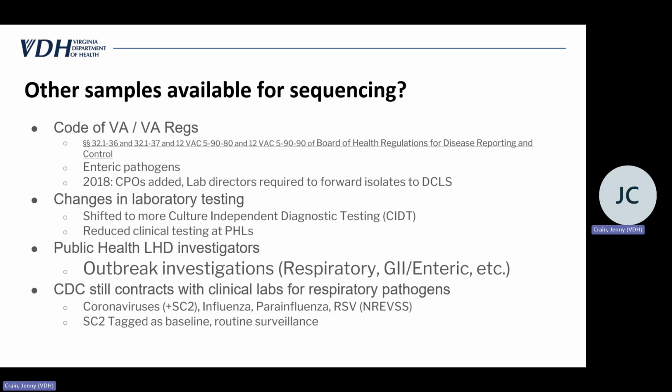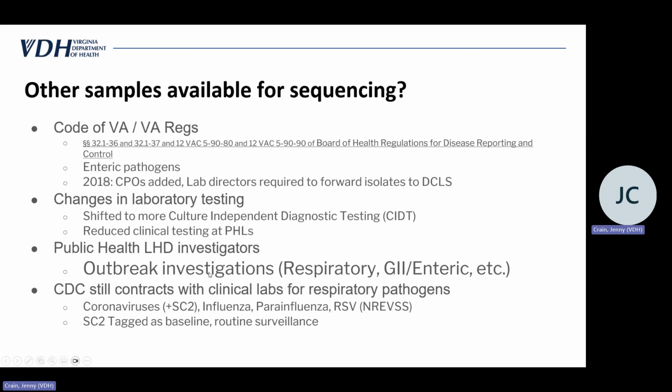And so enteric pathogens definitely are on that list. And in 2018 in Virginia, carbapenemase producing organisms were also added to our reportable disease list. And now the outside laboratories and hospitals are required to forward those to our state lab for sequencing.